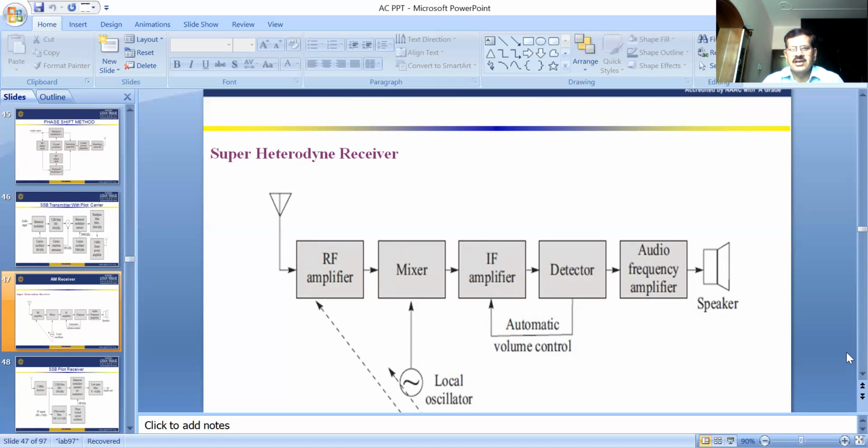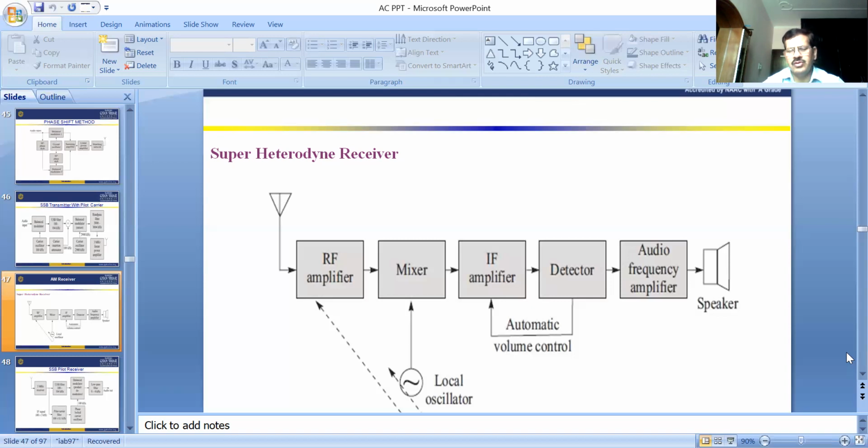The IF amplifier selects a particular frequency of signal, and that signal is applied to the detector. After detection of the IF signal, it is applied to the audio frequency amplifier. This is the output part of the receiver, and then the signal is applied to the speaker.